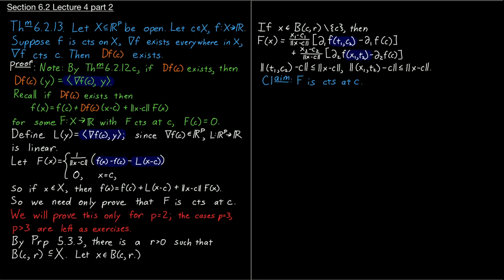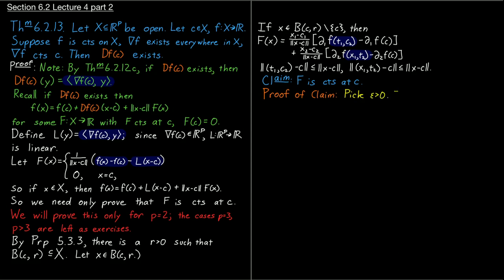And then the proof of claim. We're going to pick a positive number epsilon.